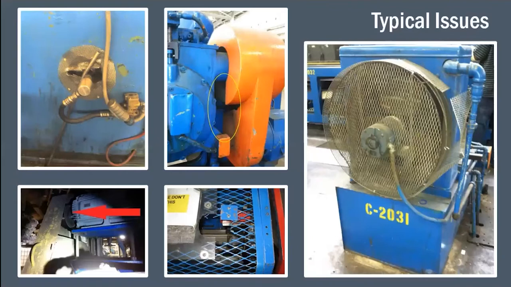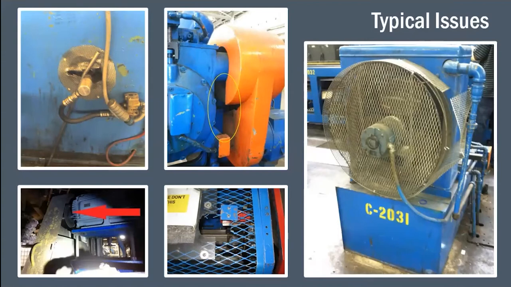Some of the common issues we see with fixed guarding: we've got guards that have been damaged and now allow access to a hazard. We've got guards that were just designed so that they're not fully restricting access to a belt drive or a rotating disc.